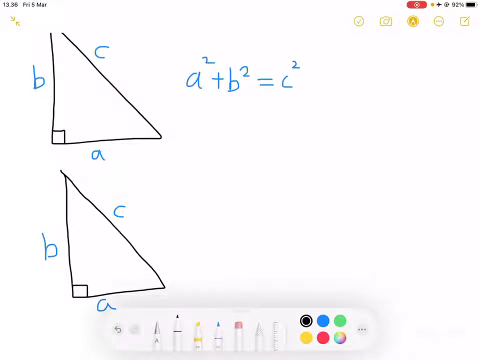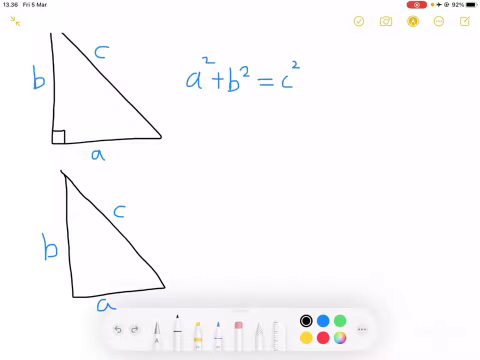Maybe it is, maybe it's not. And in some questions, people would label it not to scale, to make sure that you won't just say, oh, it looks like a right angle, therefore the triangle is a right angle triangle.